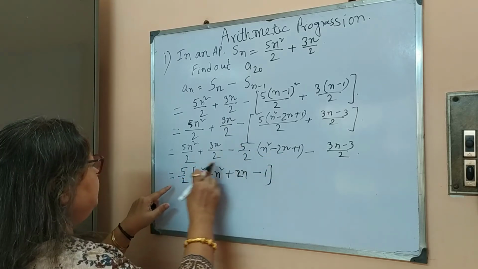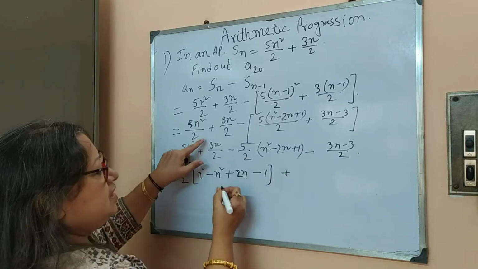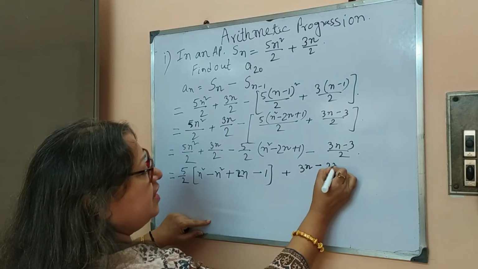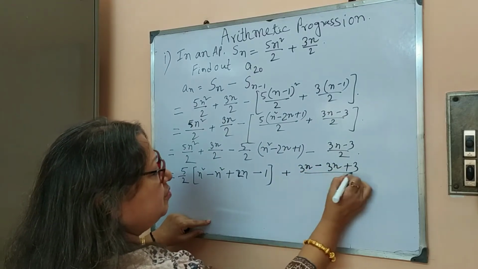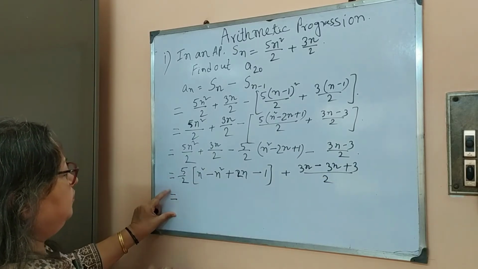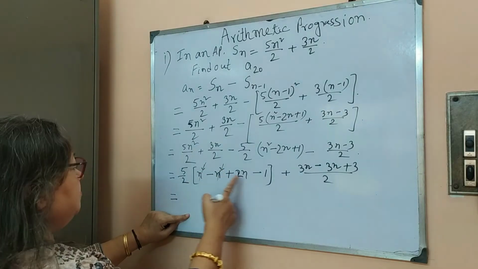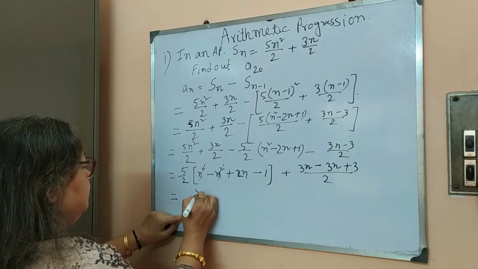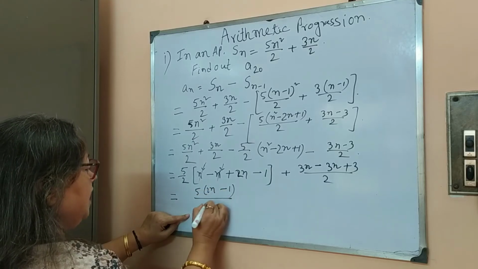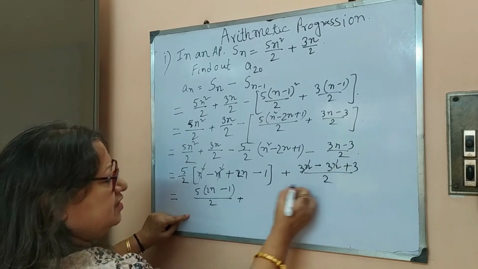Okay, 5 by 2 is outside of the bracket, plus 3n minus 3n plus 3 by 2. This is equal to, n square will cancel each other, 5 into twice n minus 1 by 2 plus, this will cancel each other, 3 by 2.